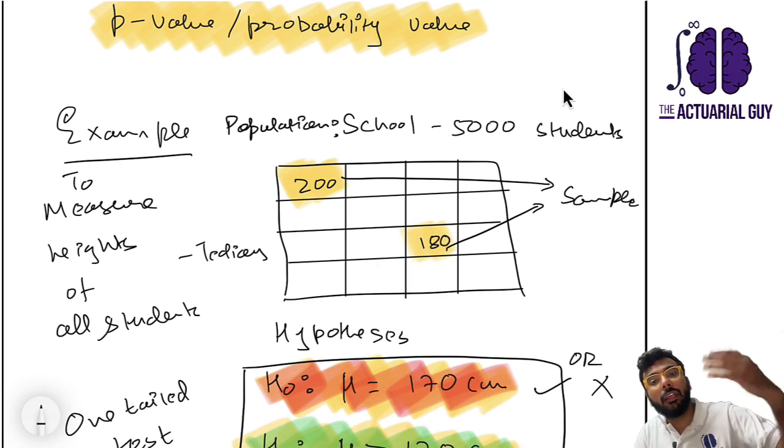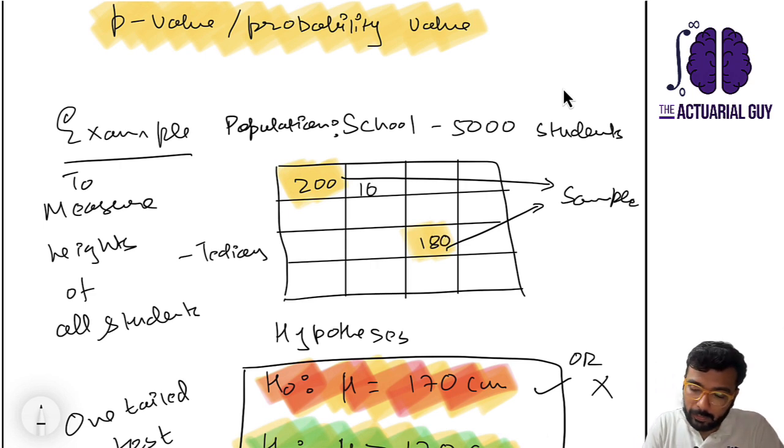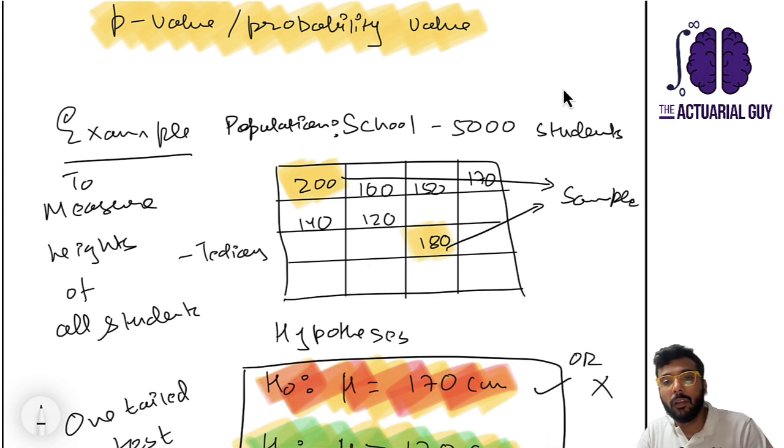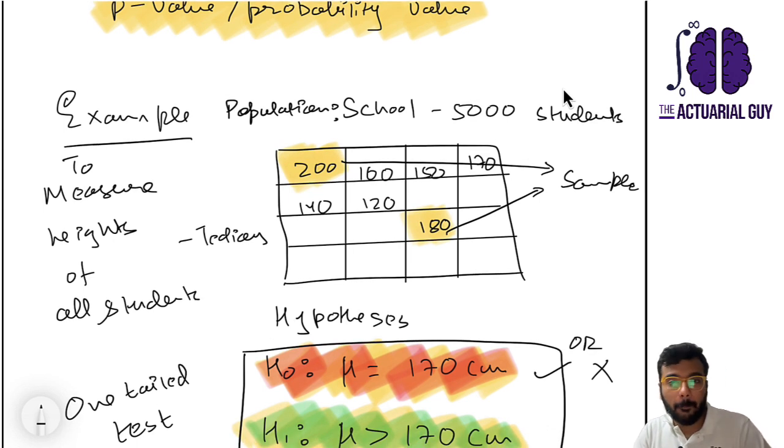Maybe these were inherently taller people and all the other grades just had average heights like this, and so on and so forth. So then the overall average can still be 170, but these two sample sets are sort of outliers. So some sampling bias could have come in, even though the sample is random. There could have been sampling bias because of random selection. So you could have ended up picking these two classes with a much higher height than the other classes, right?